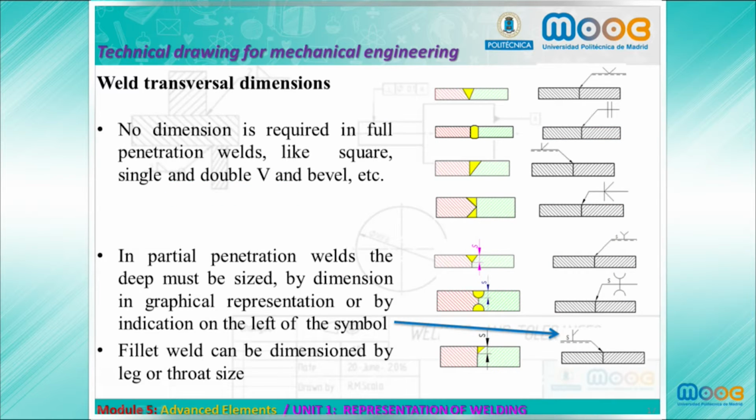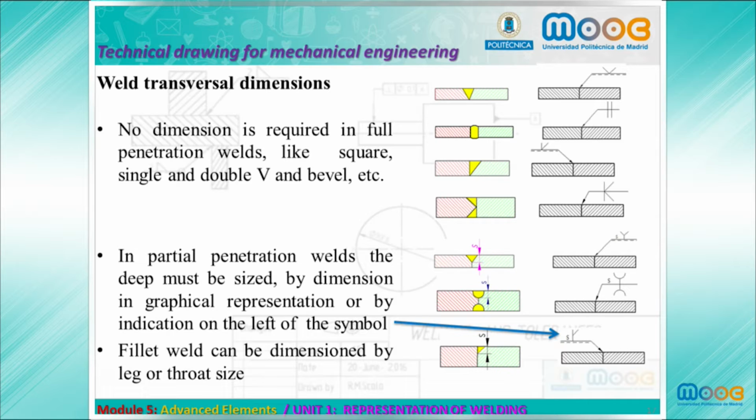We are going to speak now about the weld's transversal dimension. That is, if we have full penetration welds, like square, single and double V, bevel, etc., it's not required to establish any transversal dimension, because this corresponds with the thickness of the part.